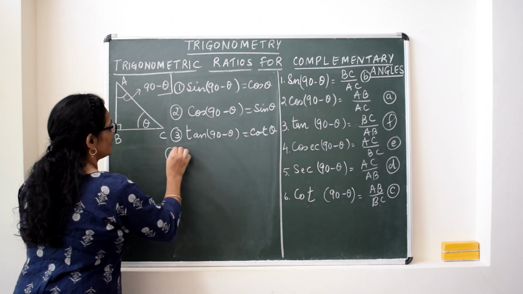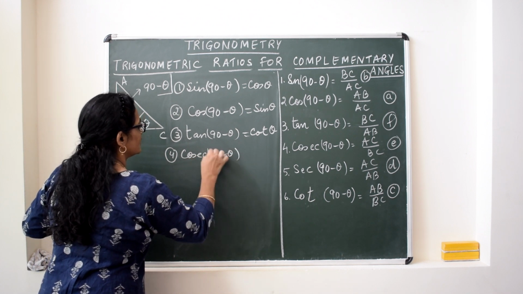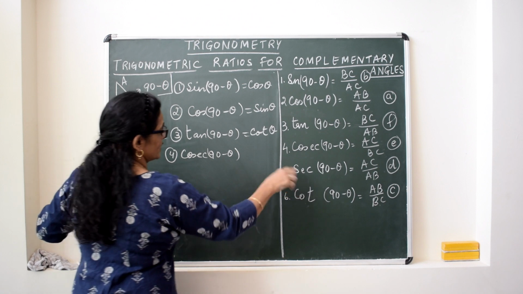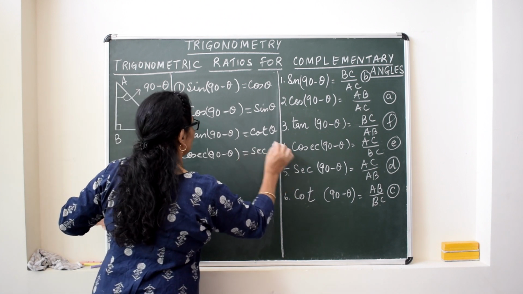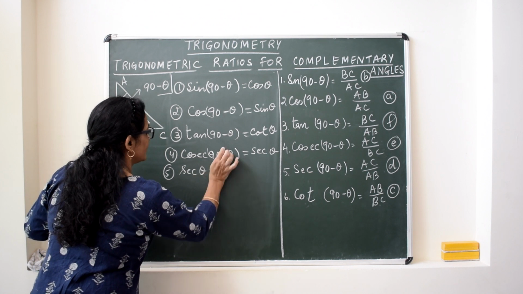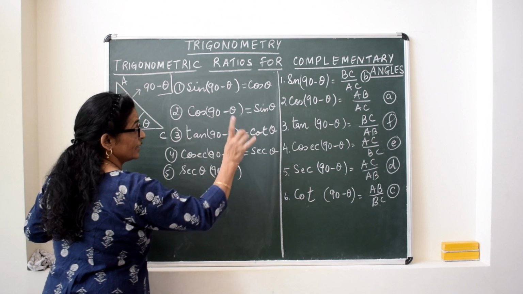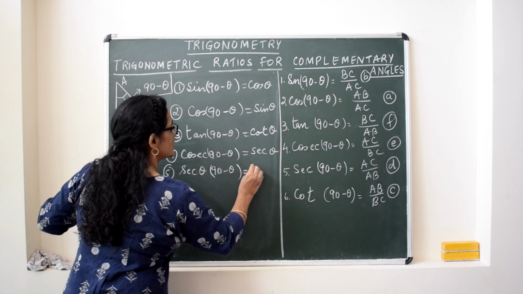And cosec 90 minus theta is D, you have to see 1, 2, 3, 4, sec theta. Fifth was E, that is sec 90 minus theta, not theta, sorry. Sec 90 minus theta, DE, that is cosec theta.